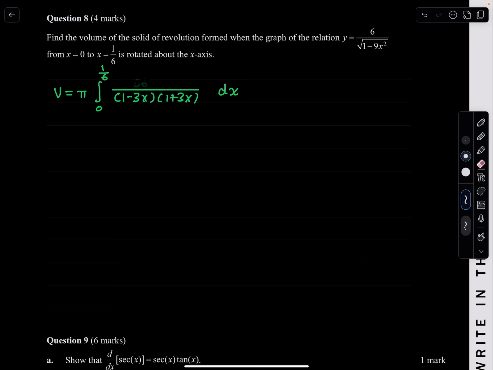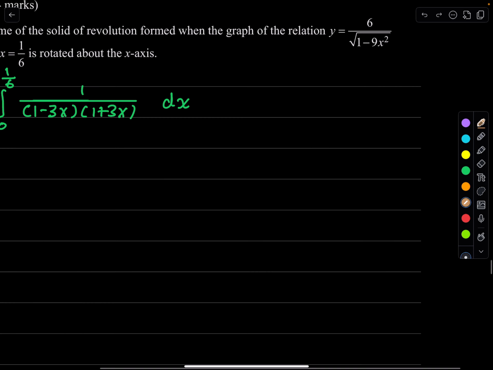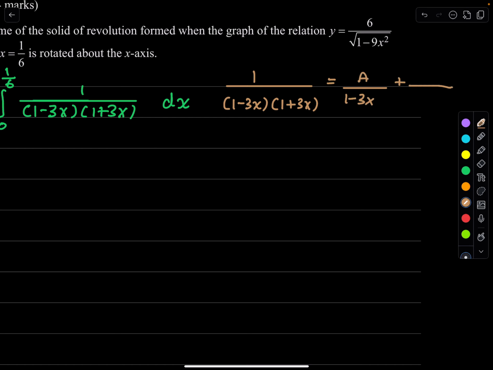So actually take that 36 out as a constant. Let's do that. Bring that over here. Bring that pi over here. And 36 here. Okay, so we have this, and we're going to make sure we use partial fractions here. So let's write the whole expression down here. 1 over (1 minus 3x)(1 plus 3x) is going to be equal to, of course, a over (1 minus 3x) plus b over (1 plus 3x).